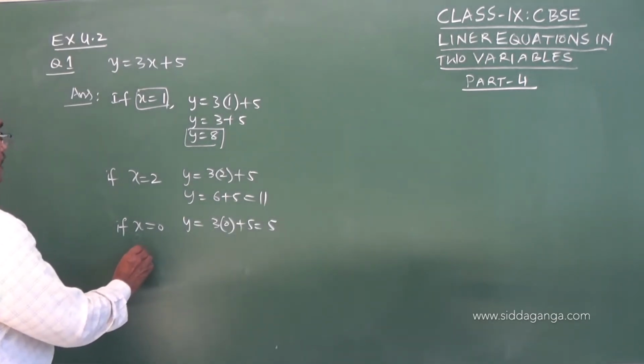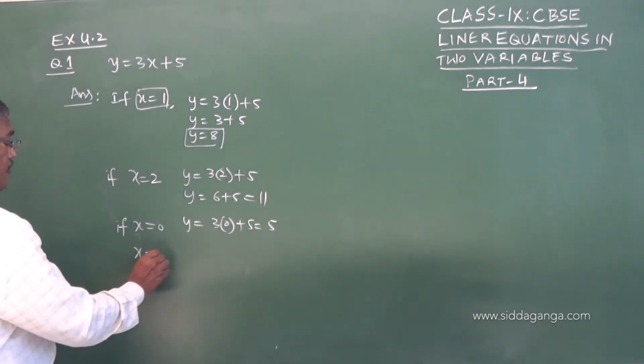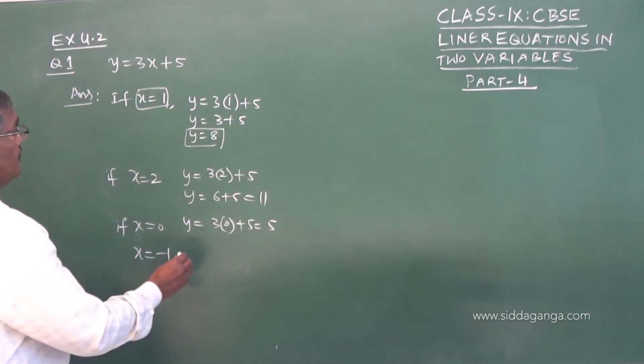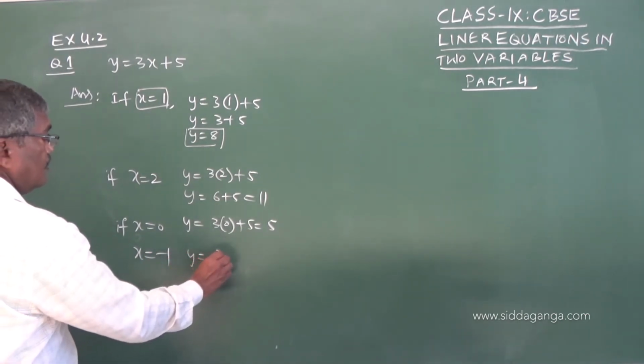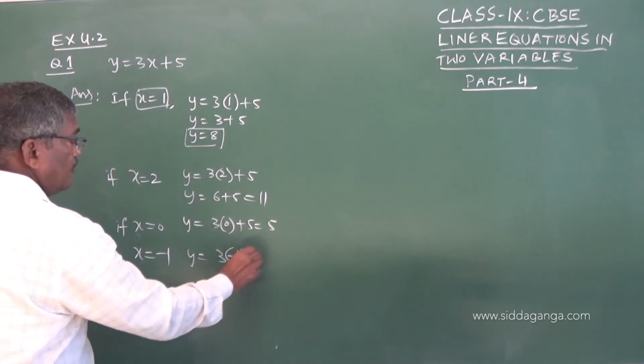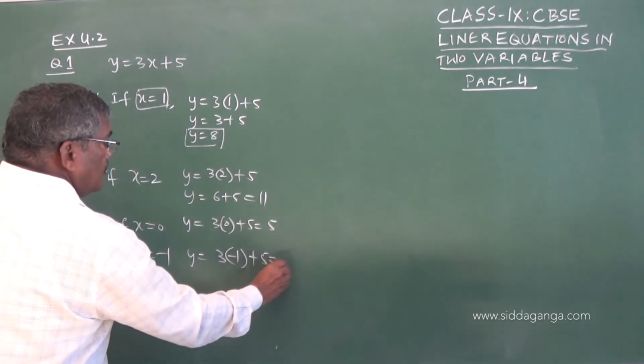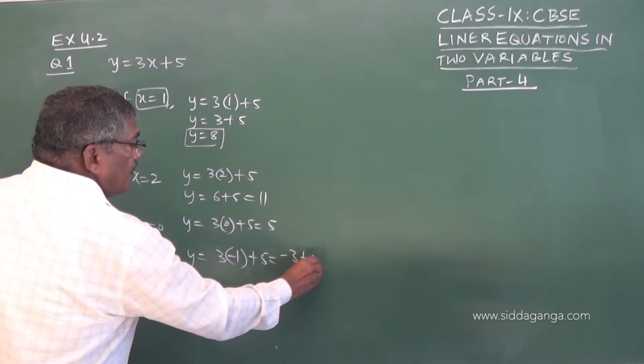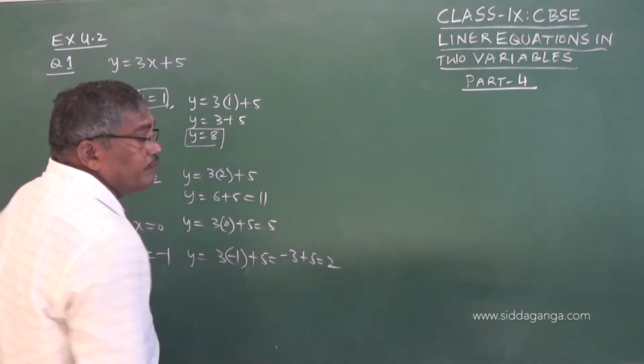And if I take x equals minus 1, you will get y equals 3 into minus 1 plus 5, this equals minus 3 plus 5 equals 2.